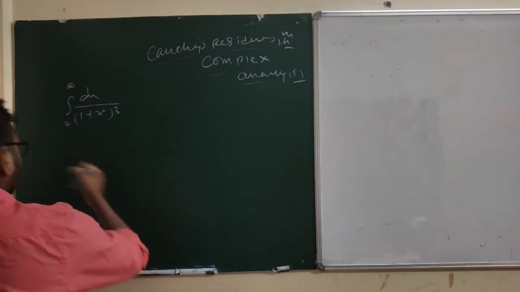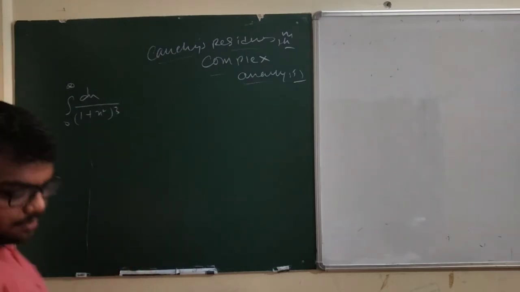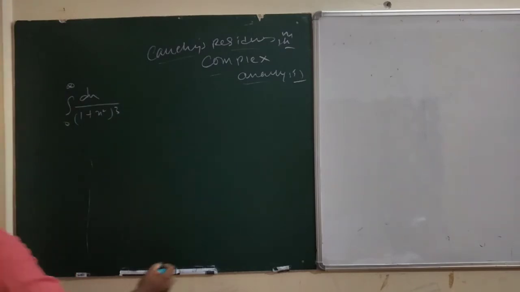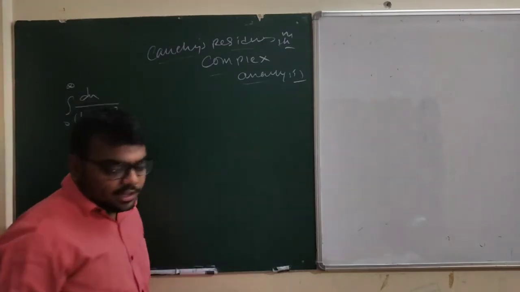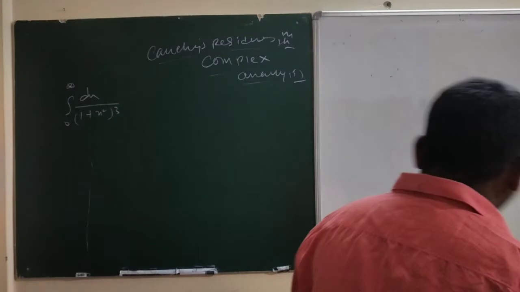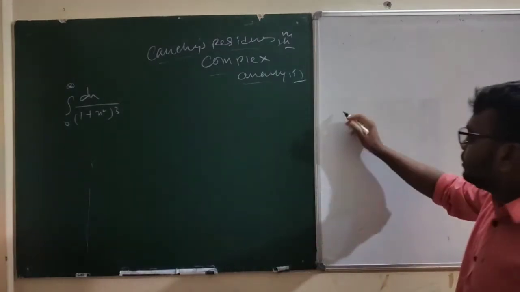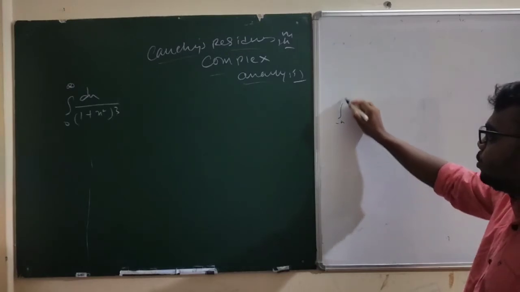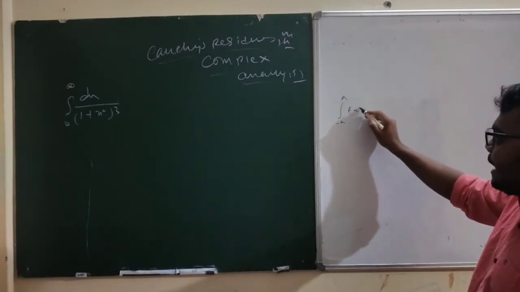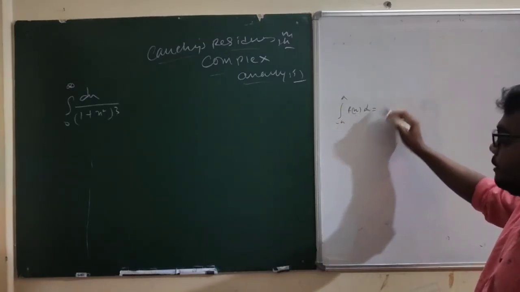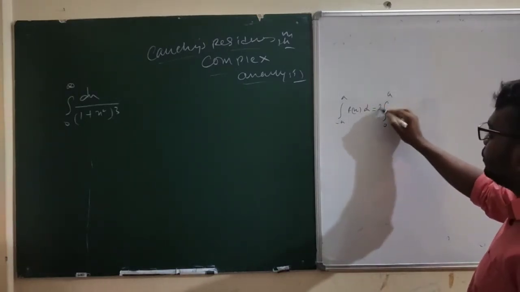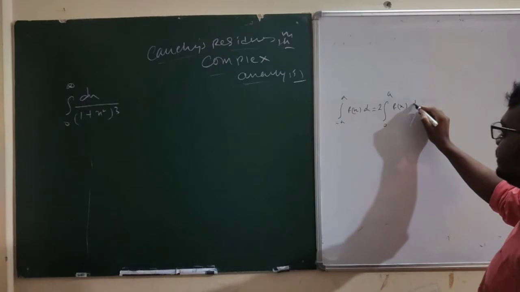See, in class 12 definite integration, we already discussed a formula: the integral from minus a to a of f of x dx, if it is an even function, equals 2 times the integral from 0 to a of f of x dx.